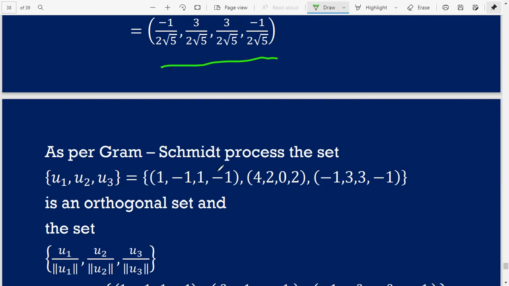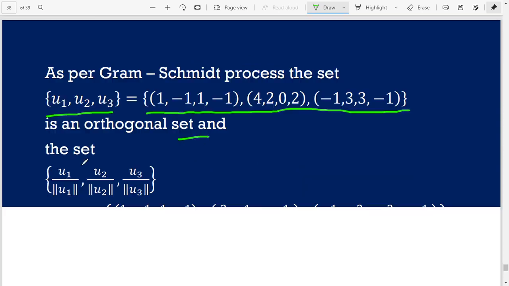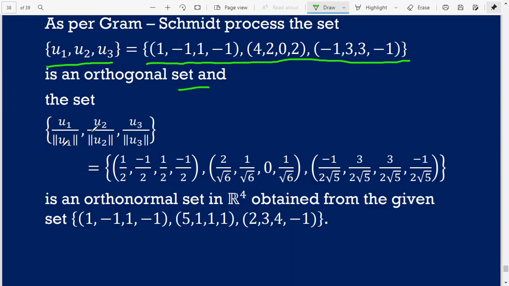So as per Gram-Schmidt process, we find all these values of U1, U2, U3, and this set is an orthogonal set, and this set U1 upon norm U1, U2 upon norm U2, U3 upon norm U3 is the orthonormal set in R4 obtained from the given set.